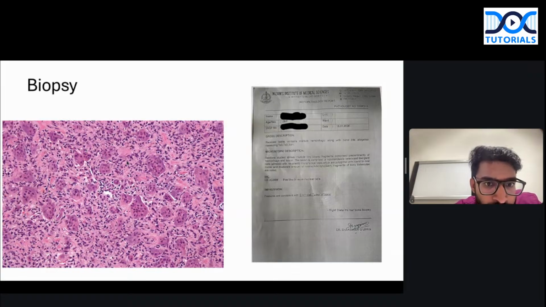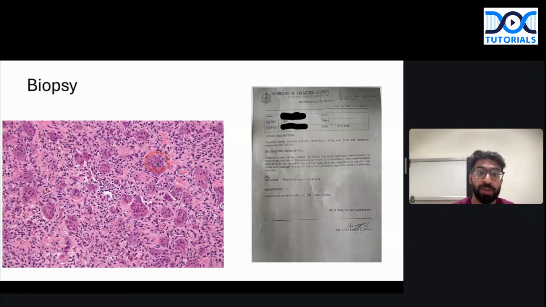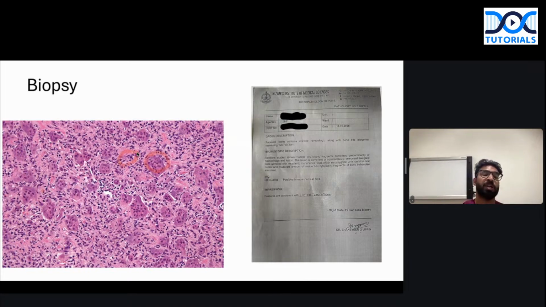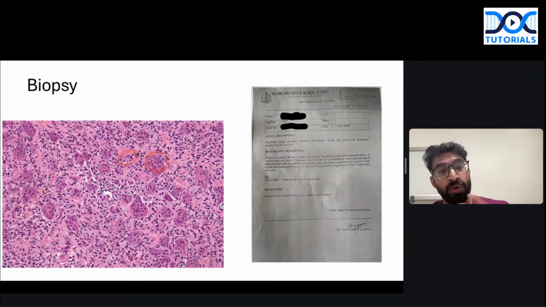So whatever you see here, this is a giant cell that is characteristic of a giant cell tumor, which has multiple nuclei and a single cytoplasm. Then you have spindle shaped cells, as you can see here. These are the interstitial cells that are actually responsible for the synthesis of collagen, or the collagen that is being laid down.